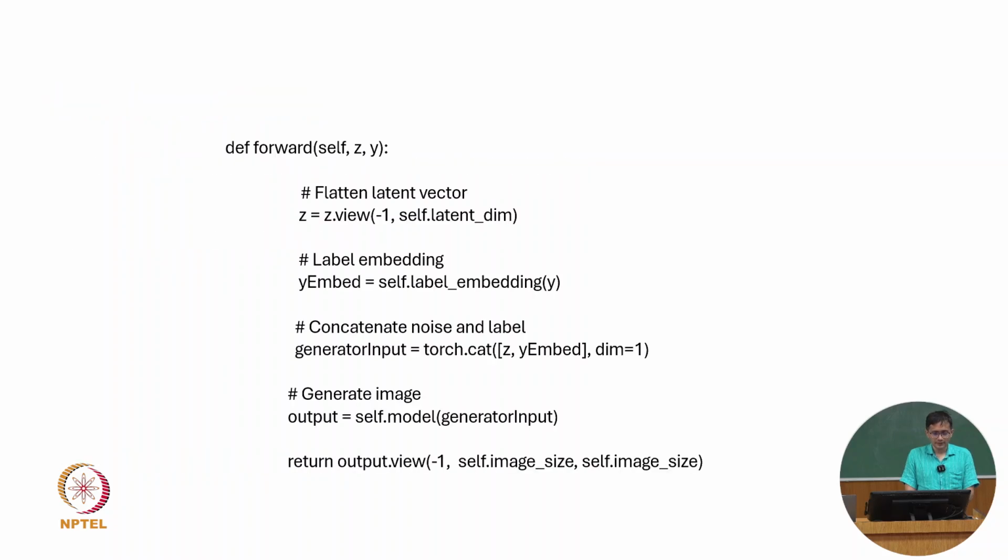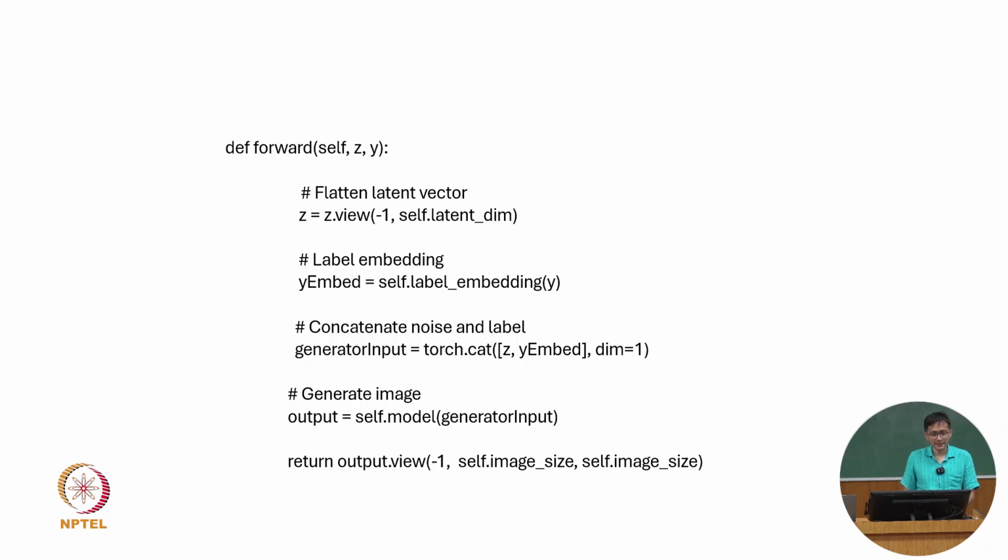Thus, let us look a bit more from the perspective of the code or the algorithm to understand how this would work. So we still have z, our latent vector, and we will have an embedding corresponding to the label, y embed.